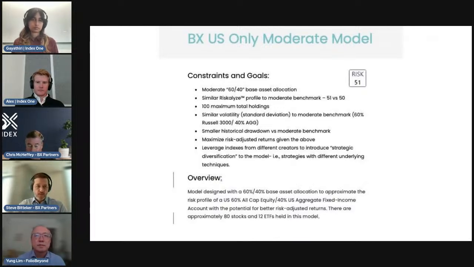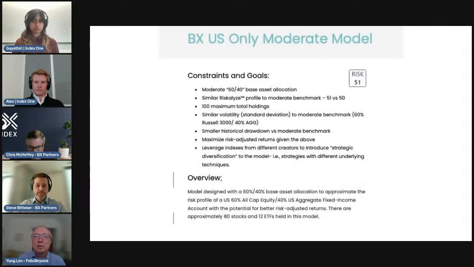And we've created a roster of 40 plus what we think are absolutely world-class investment strategies that are available on the BX Index platform. So they're not designed to simply be the S&P 500. They're designed to do different things in different markets for different reasons, all with the goal of creating better outcomes for clients.